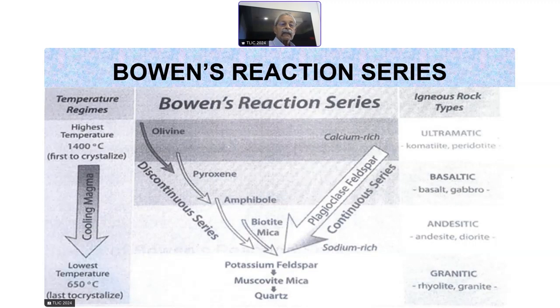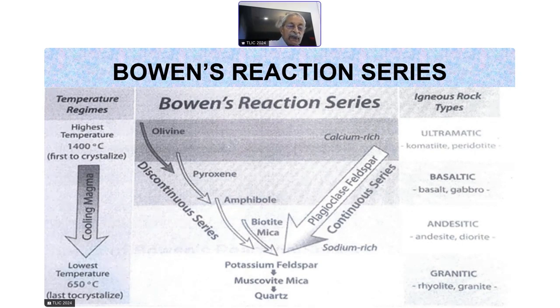At higher temperature, we get the ultramafic rocks, komatiite and peridotite. There's a spelling mistake here, but I have to take what the original says, so we did not change anything. Komatiite is an extrusive rock, peridotite is an intrusive rock.